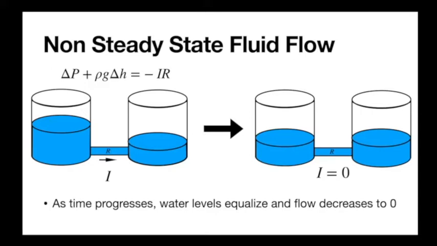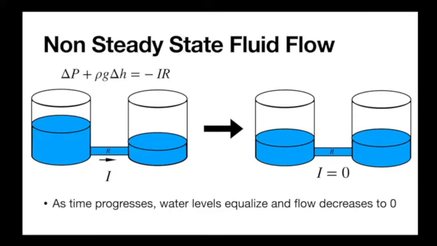The columns are of different heights. And we have some IR, because we said there's resistance at the bottom. But we don't have a change in kinetic energy density, because looking only at our start and our end point, those two have the same cross-sectional area. So that's why we can ignore it. But either way, we have some pressure change, we have a change in potential energy density and resistance.